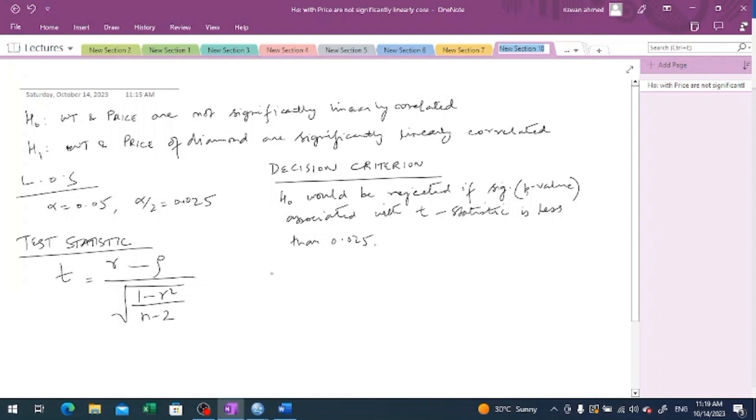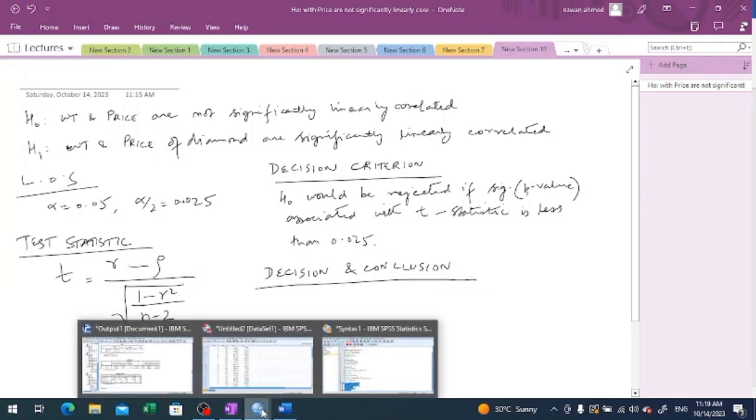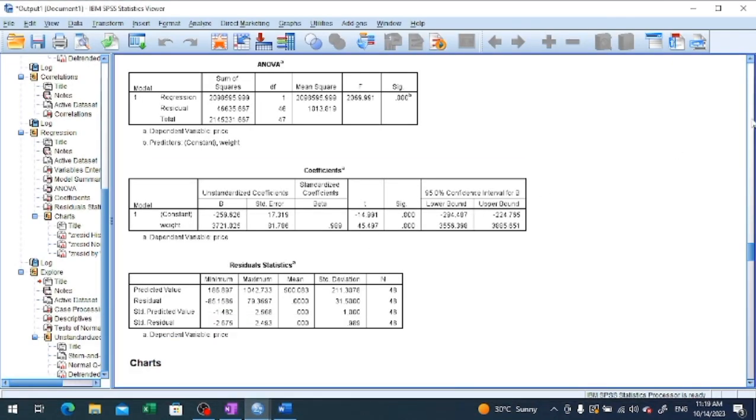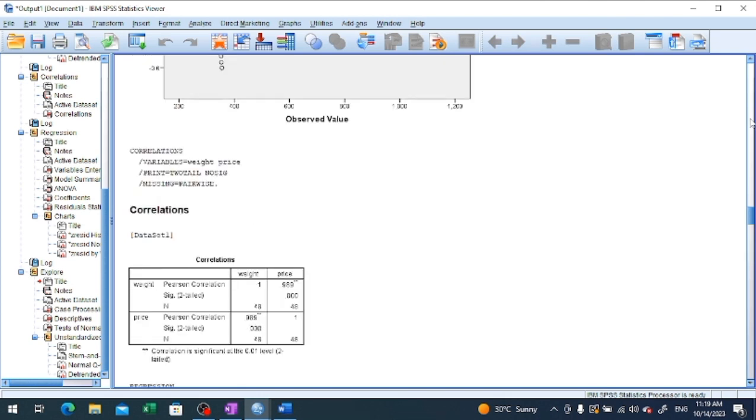Now we will write down the decision and conclusion. Before stating something in decision and conclusion, we need to look at the results we were getting in the correlation matrix. This is the matrix of correlations, or coefficient of correlation, between weight and price.